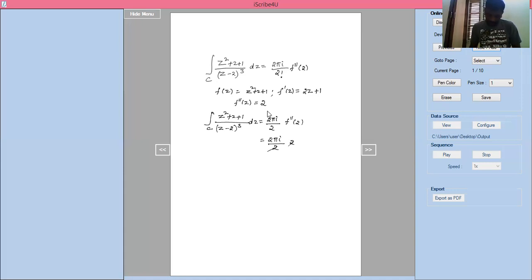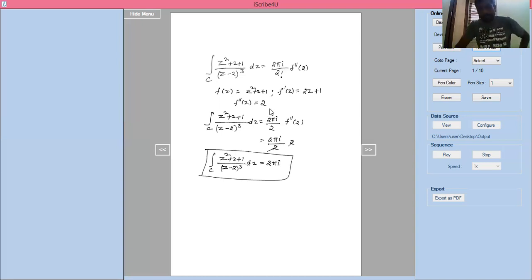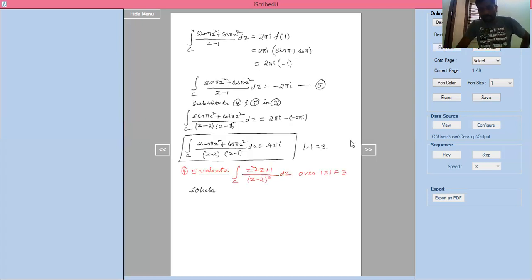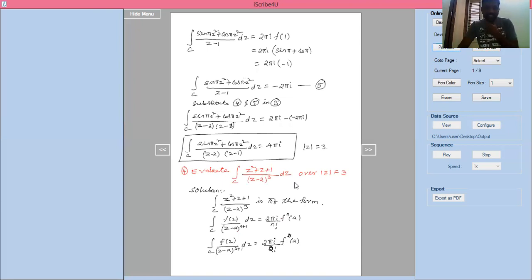Now I'll cancel this 2 and 2. The integral equals 2 pi i, which is the required solution for the given problem. So whenever a power more than 1 comes in the denominator, we should apply the Cauchy generalized integral formula.